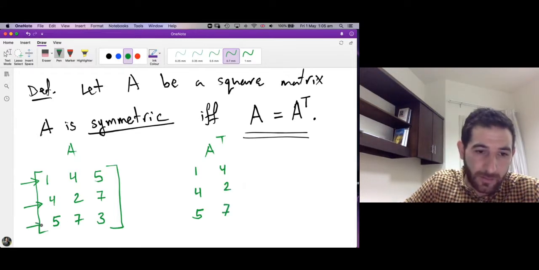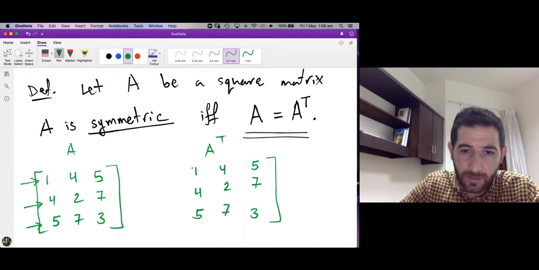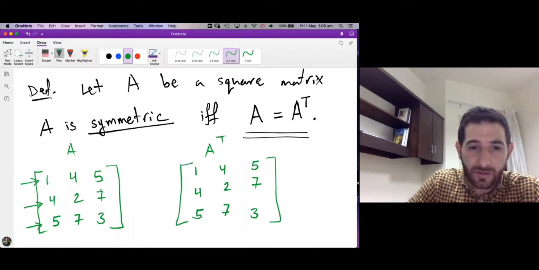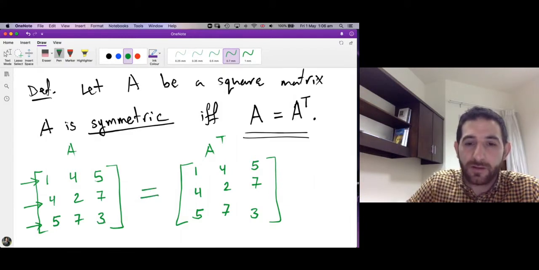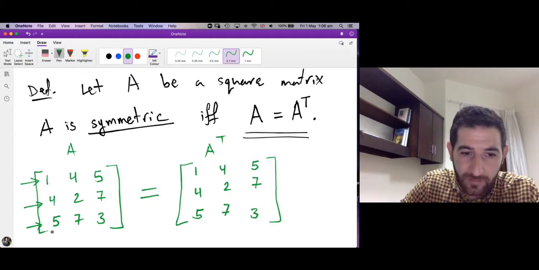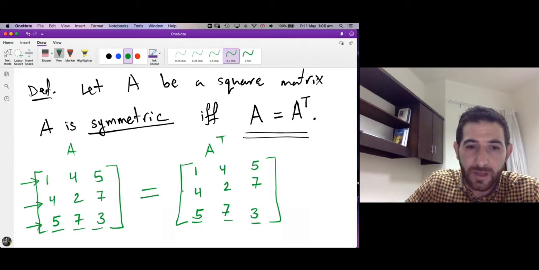And now take the third row and make it the third column of A transpose, so 5, 7, and 3. See, the corresponding entries are equal, and so the matrices are equal. Here we have 5, 5, 7, 7, 3, 3, and so on. So these two matrices are equal, and so A is symmetric.